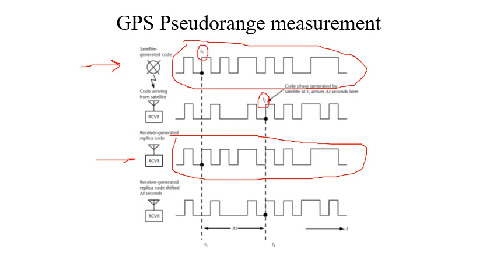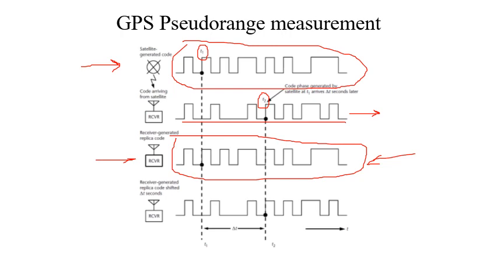So if I have the replica, as you can see here, then I shift the code obtained from the satellite. The second signal arrived at the receiver, and I make a comparison.